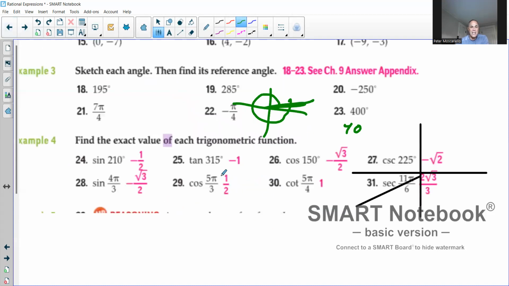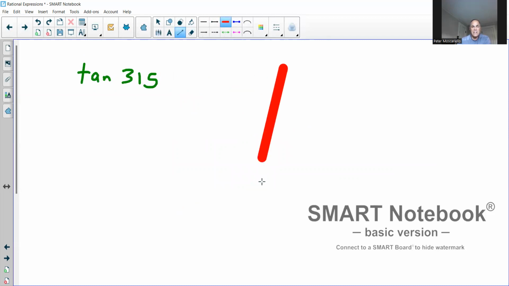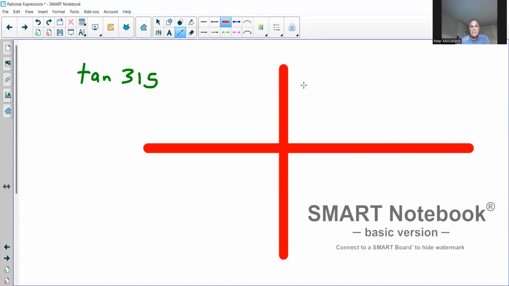How about tan 315? Okay, do the whole reference angle thing. 315 goes like this. 90, 180, 270, 315's here.